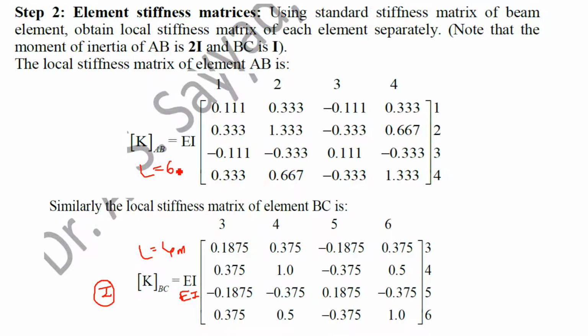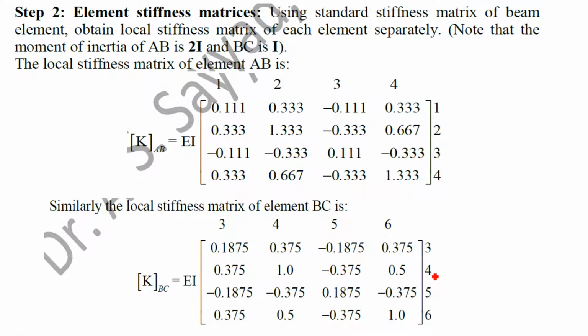So using L equal to 4 and I equal to I, EI is outside, it is constant, so only this L will affect the stiffness matrix. Using the same standard stiffness matrix, we have derived the stiffness matrix of BC member. So these are the stiffness matrices of the two members.